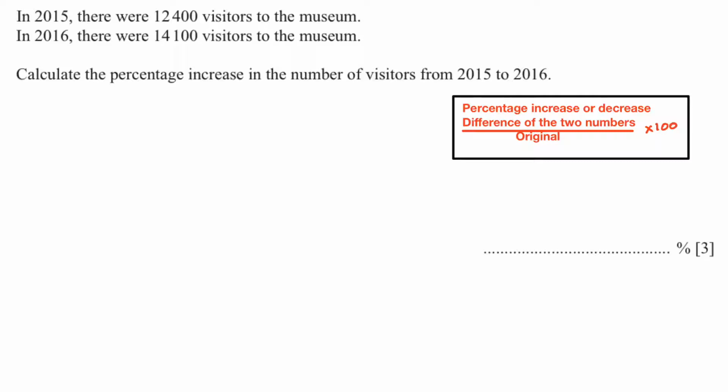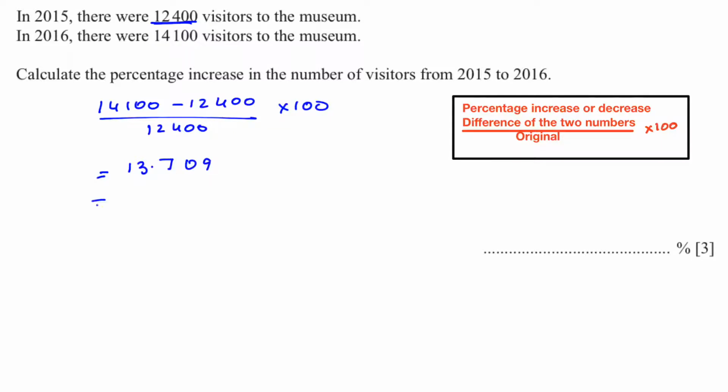In this case, we have 14,100 minus 12,400. Our initial value was 12,400 times by 100. This will give us 13.709, but we'll just leave it as 13.7%.